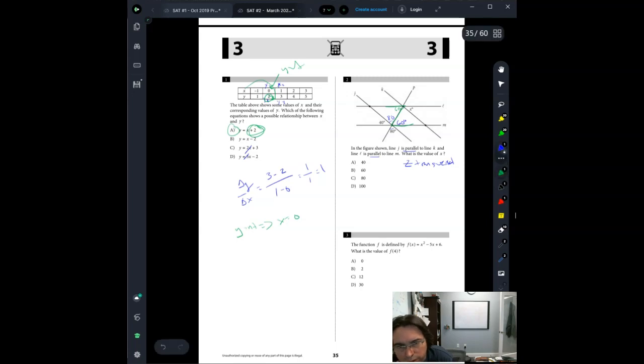Here we know this has to be 40, because this is vertical, this is vertical, that has to be 60.